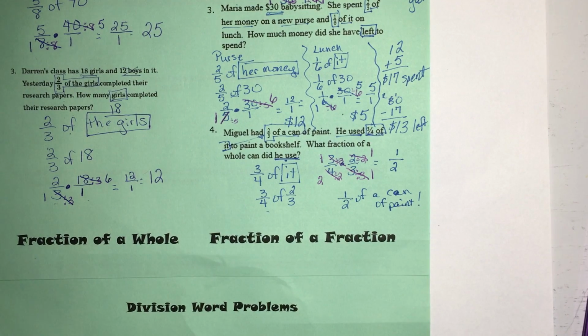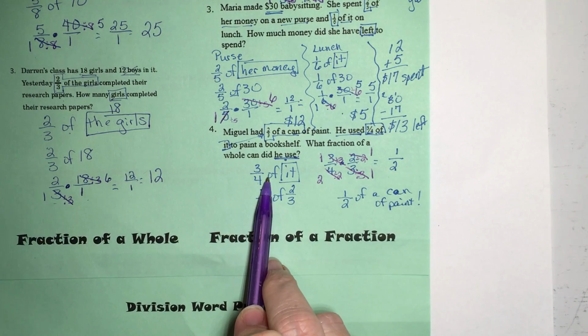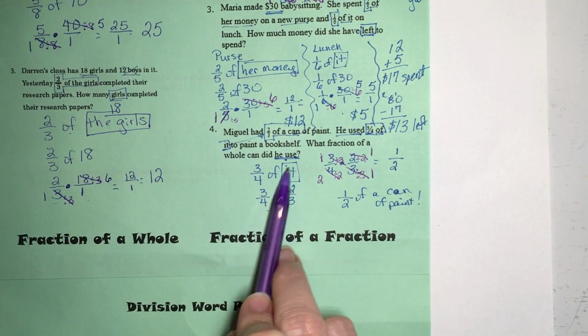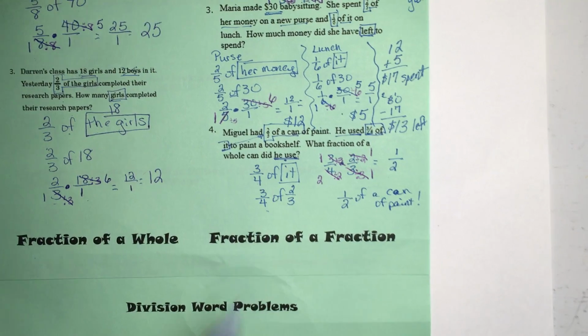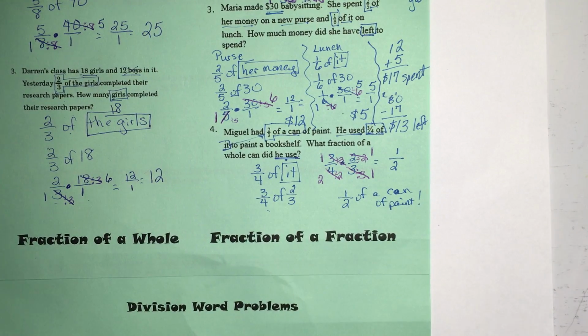All right, so that is practicing multiplying a fraction times a fraction. And what we learned and focused on is when we have a fraction right next to the word of, if we can replace what's after it with a number, then all we have to do is multiply to get our answer. All right, good job, guys. All right, practice hard on this.